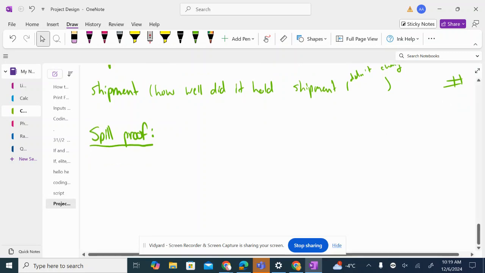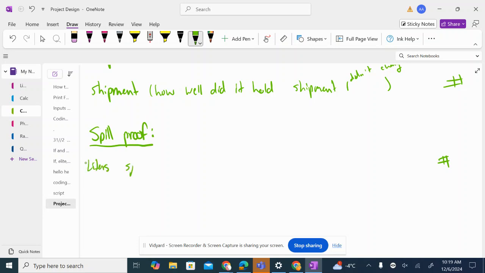For spill proof, we can count liters, for example, spilled when turned upside down. We're going to get a number out of this.